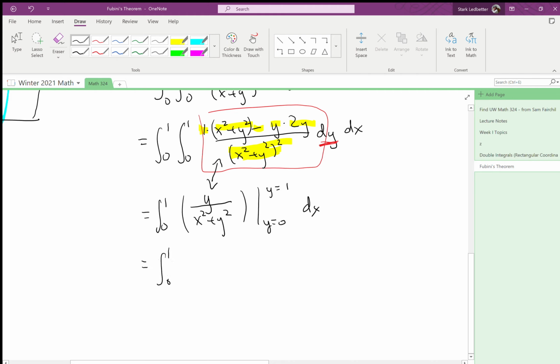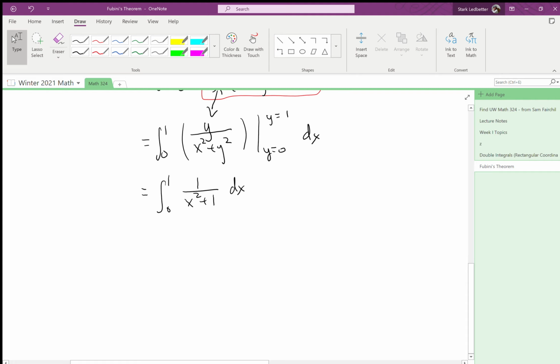So integral from 0 to 1, we're going to put in 1 for y, 1 over x squared plus 1, minus, if we put in 0 for y, we get 0. Make sure you check that. It's not always the case that when you put in 0, you get 0, but here it is. Okay, and here's an integral that maybe you have memorized that I don't. That's arctan from 0 to 1.